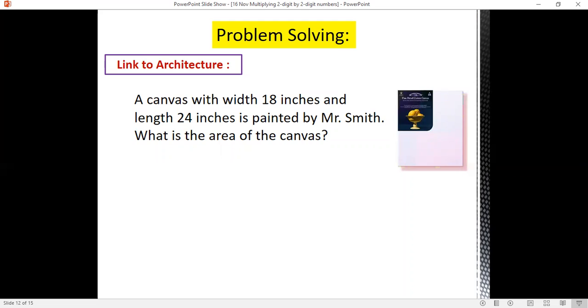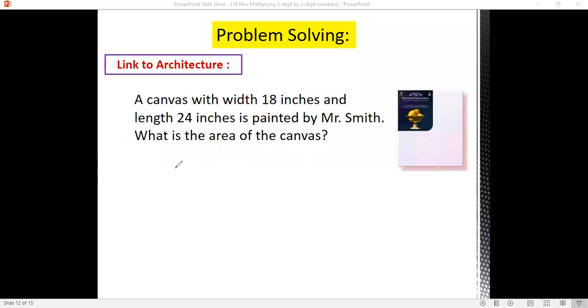If you look at buildings, they also need multiplication. So you should know how to multiply, isn't it? Now, let's see here. The length is 24 inches and the width is 18 inches. So we have to find the area of the canvas.